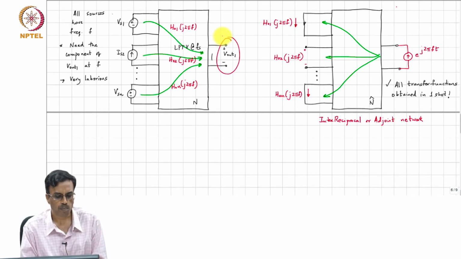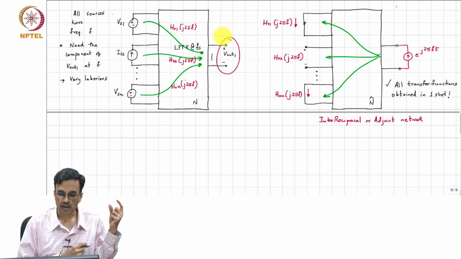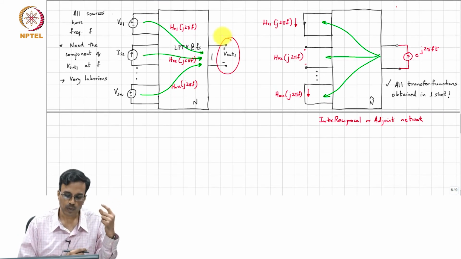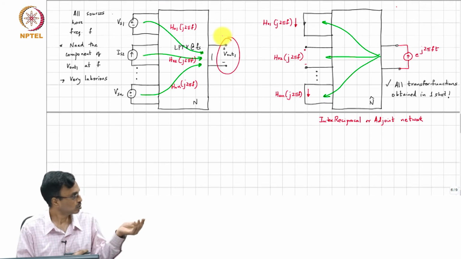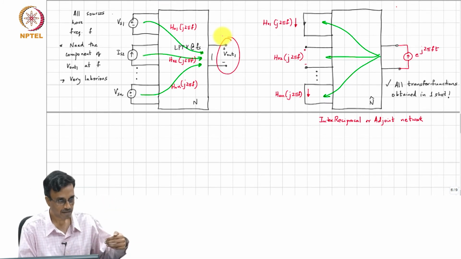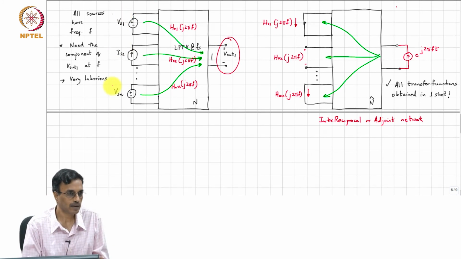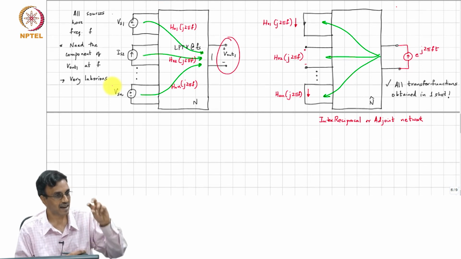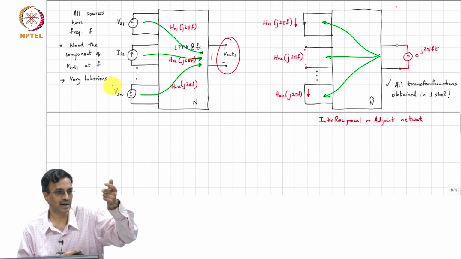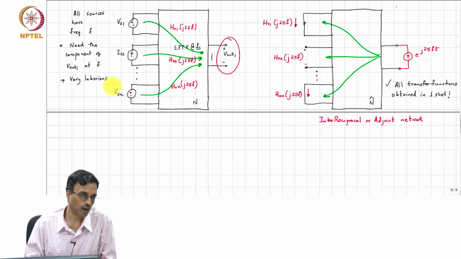So, it is not merely, of course, it is not a single frequency at the output, and it is also not that the output at f is only because of the inputs at f. If these sources Vs1, Vs2, Vsn had components at f plus some L times Fs, they will also translate to the output at frequency f, right.